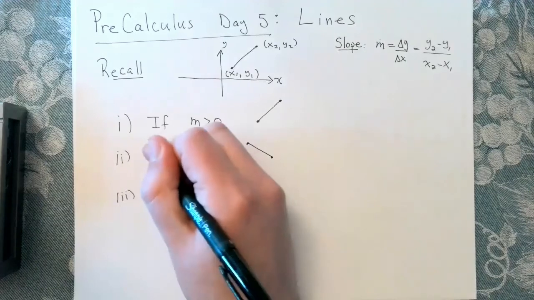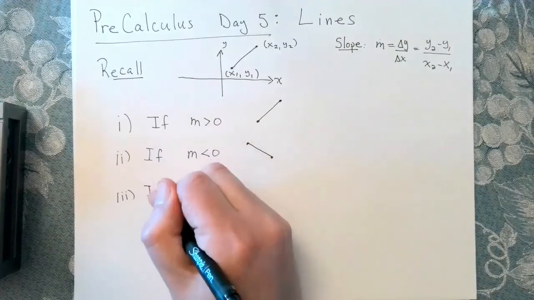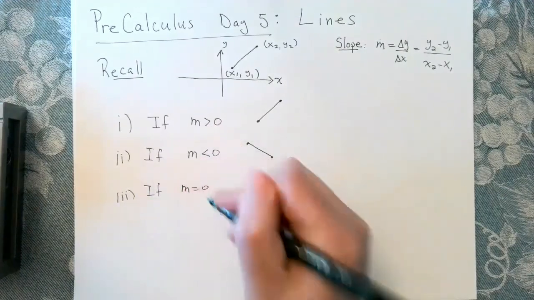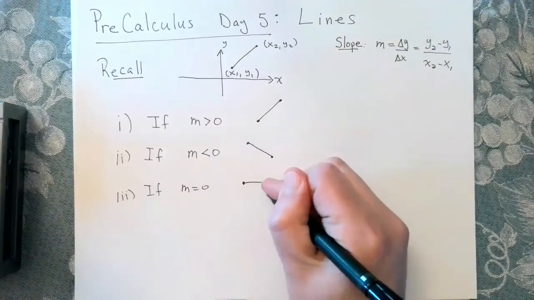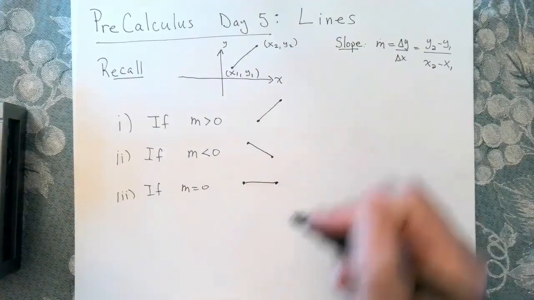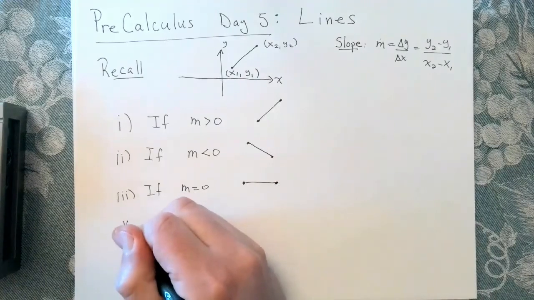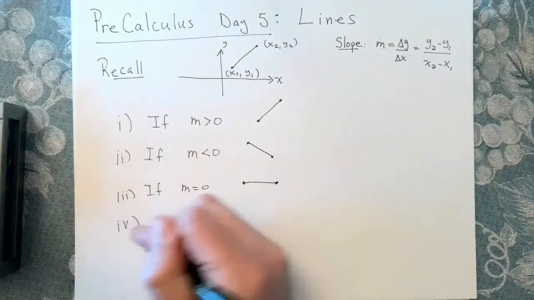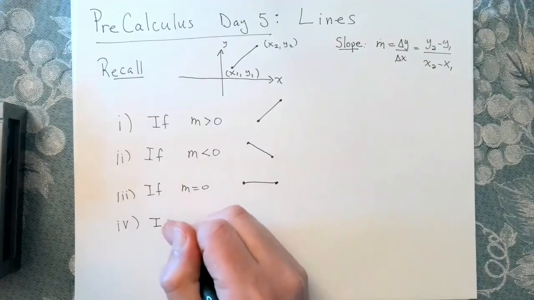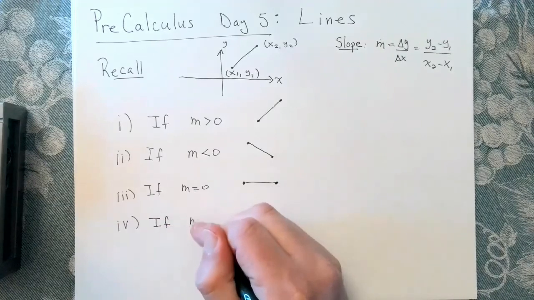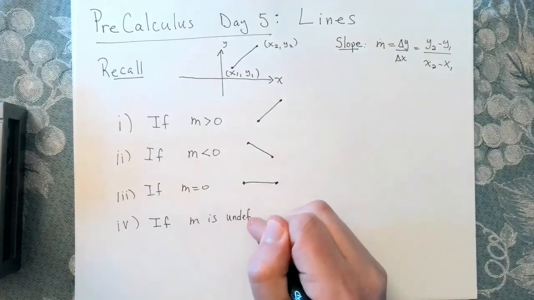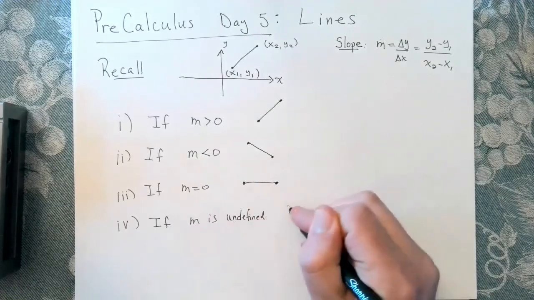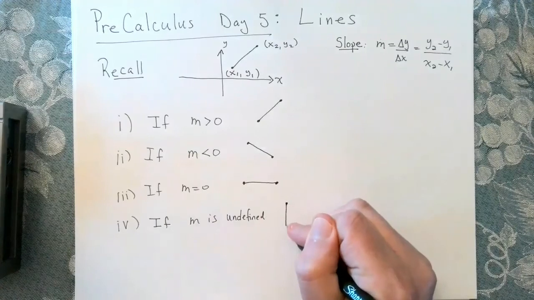And 3, if the slope is 0, then we have a horizontal line that's parallel to the x-axis. And then if the slope is undefined, then we have a vertical line. So then we expect something like this.